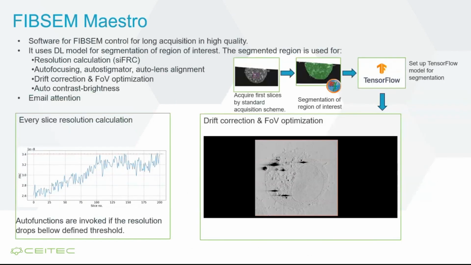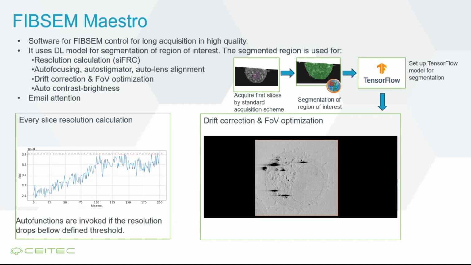So the last thing I would like to show you is this software development. It turns out that to maintain really high resolution images through a long, multiple-day volume acquisition, it is quite difficult to do with the standard tools like AutoSlice and View. So that's why we came up with this.